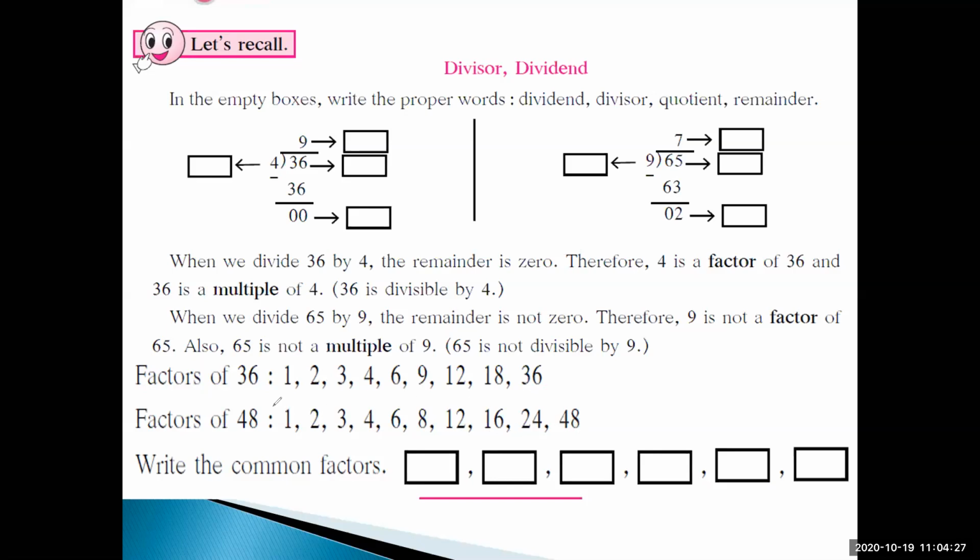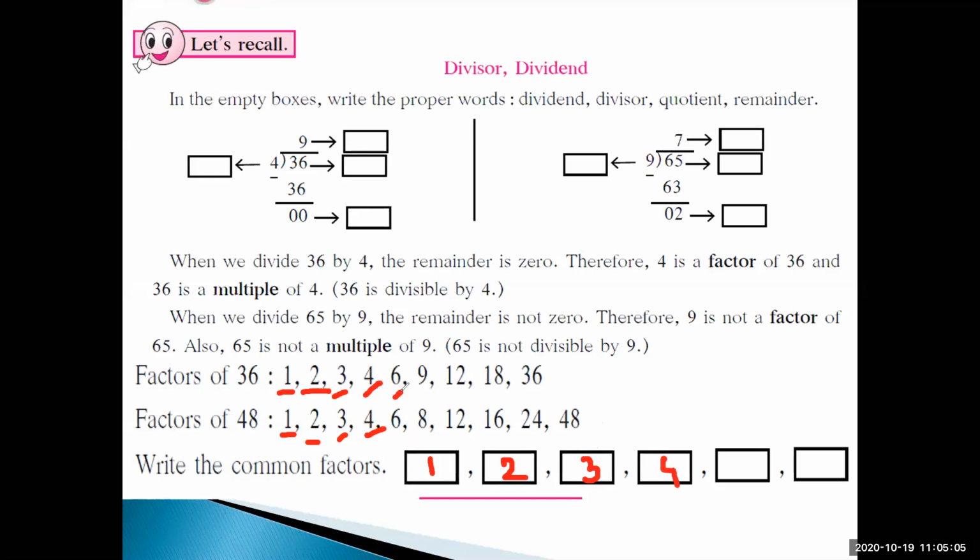Now what are the common factors amongst 36 and 48? 1 is there in 36, 1 is there in 48, so 1 is common. 2 is there in 36 and in 48, so 2 is also a common factor. 3 is in both, so 3 is also common. 4 is in both, so 4 will also be a common factor.